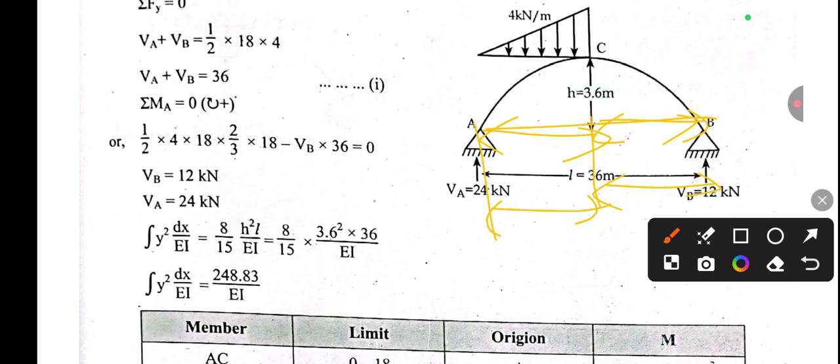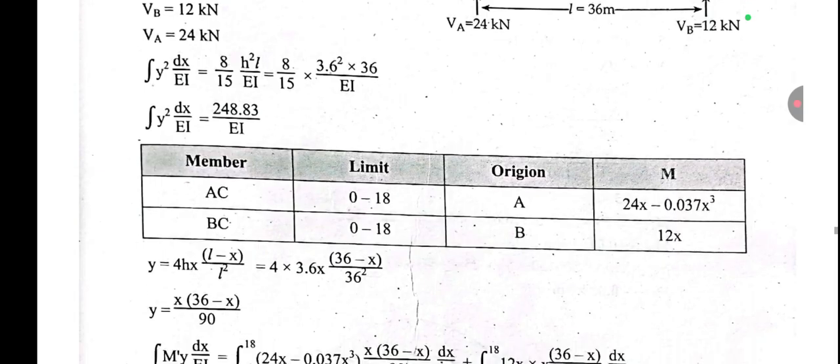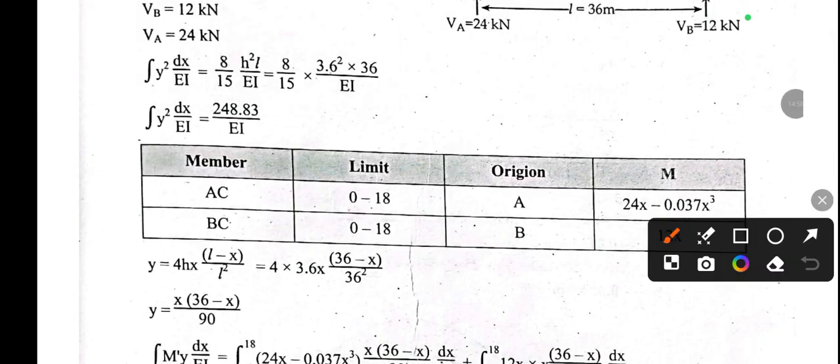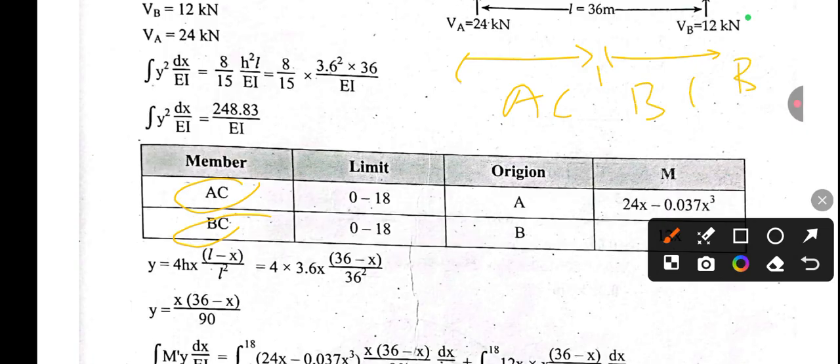Okay, so for this, let us separate this part in tabular form. You can see here we have separated two different members, AC and BC. From here to here, this is AC, and from here to here, this is BC.